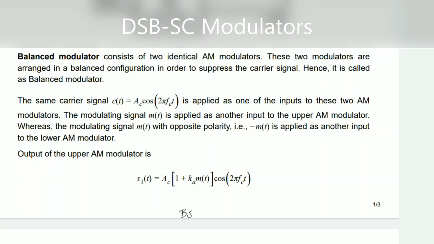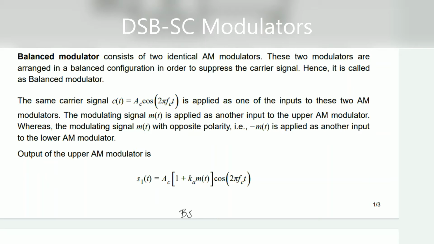Next, the message signal or modulating signal m of t is applied as another input to the upper AM modulator, whereas m of t with opposite polarity, that is minus m of t, is applied to the lower AM modulator. Now at last we are getting the two values, s1 of t and s2 of t.